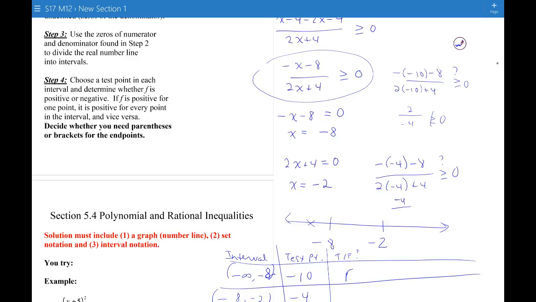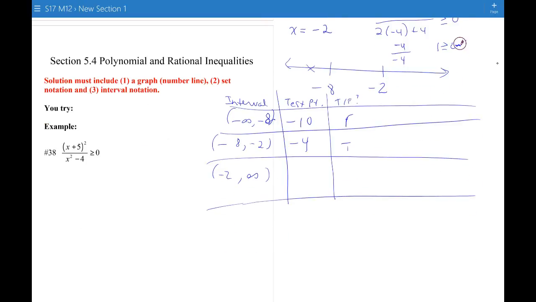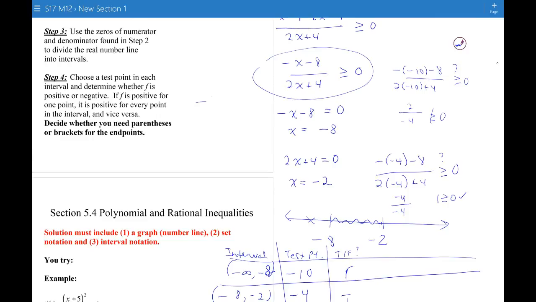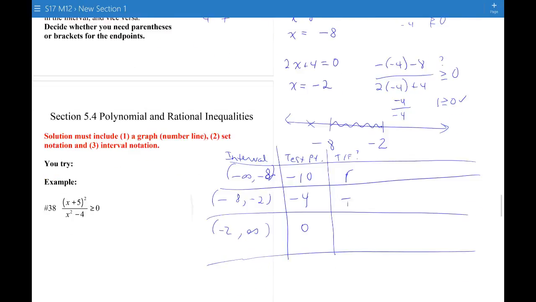So I have negative 4 on the top and negative 4 on the bottom. So 1 is bigger than 0, and I'm getting true for this interval. Okay, then from negative 2 to infinity, 0 is a nice easy value to try. So if I put 0 in, I'm going to get negative 8 over 4, and that's definitely not positive.